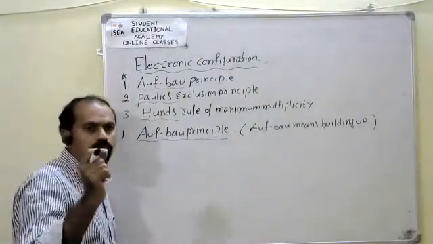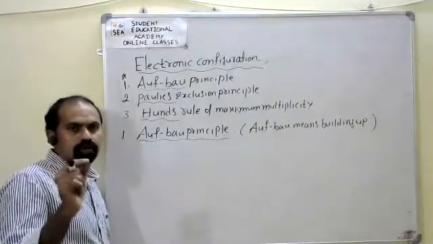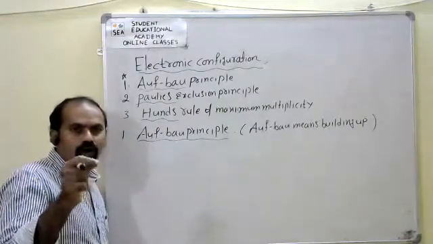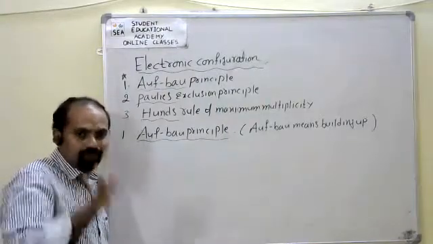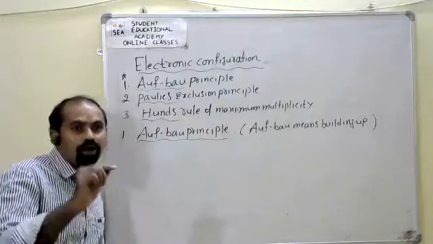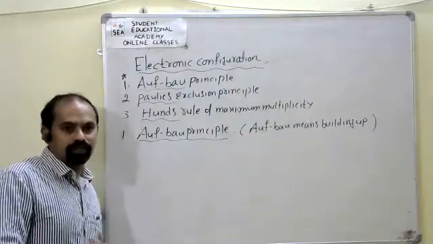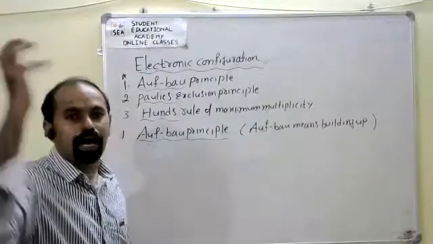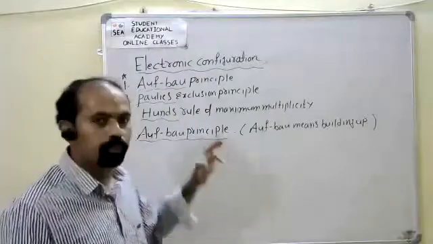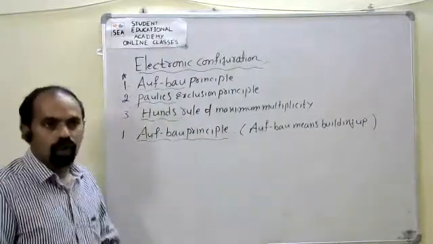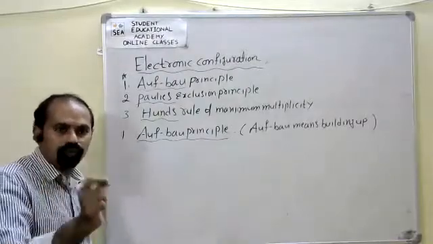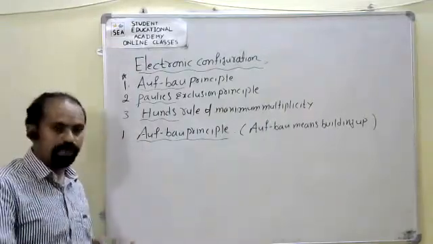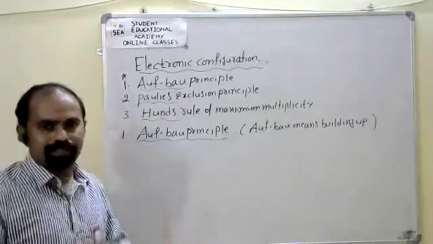According to the Aufbau principle, the electrons are filled into orbitals in increasing order of energies of orbitals, from lowest to highest.